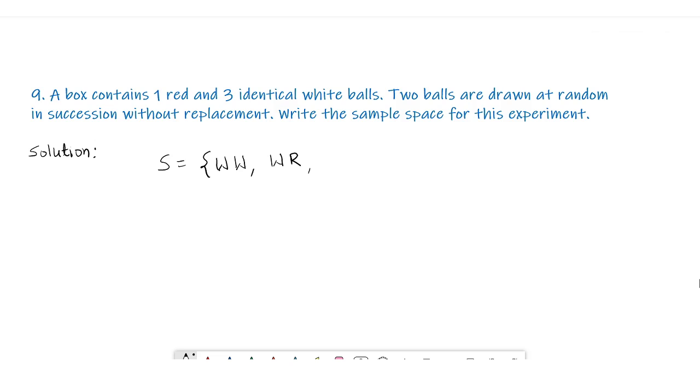Or we can get first red ball and second white ball. In first draw we get the red ball, and in second draw we get the white ball. So our sample space will be WW, WR, or RW. This is our sample space for this question.